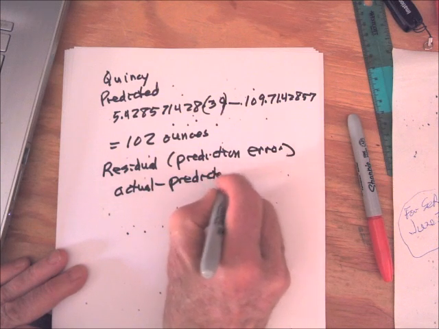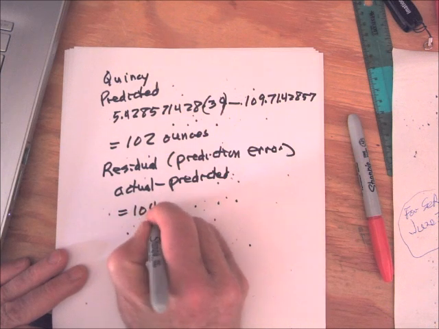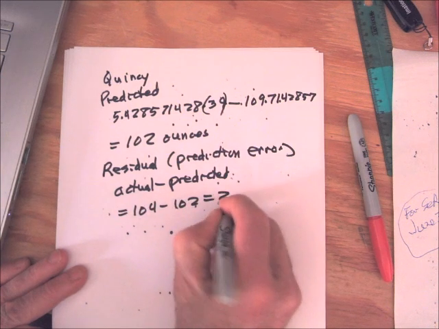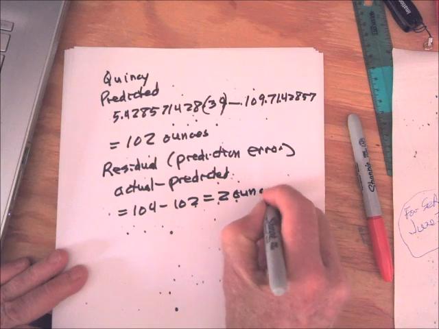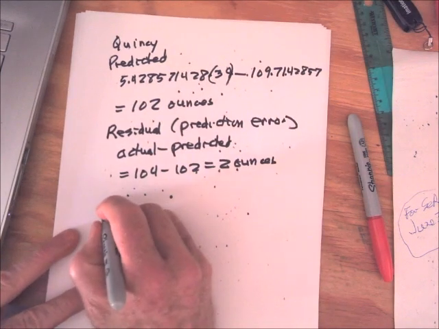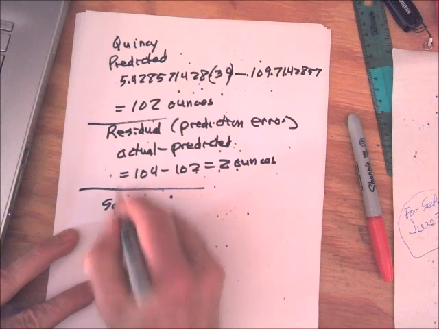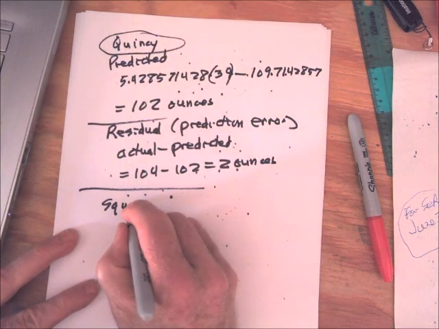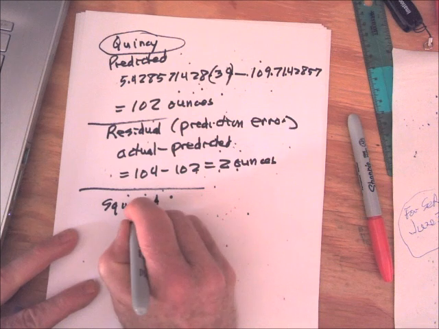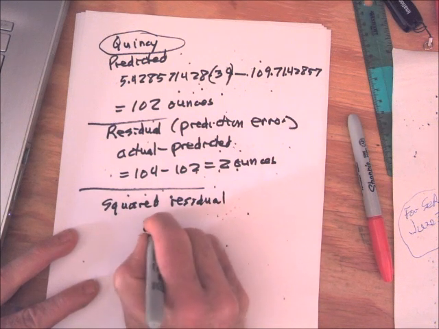Quincy's actual birth weight was 104. 104 minus 102 is 2 ounces. So Quincy's prediction error is 2 ounces, and Quincy's squared residual, or squared prediction error, 2 squared, is 4.